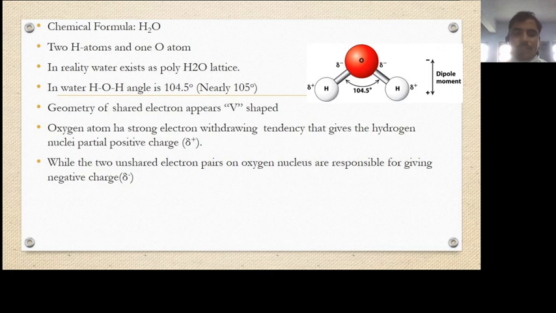Oxygen atom has a strong electron withdrawing tendency, and this tendency is responsible for giving partial positive charges on the two hydrogen atoms, while the two unshared electron pairs present on the oxygen atom are responsible for giving partial negative charge on the oxygen atom.